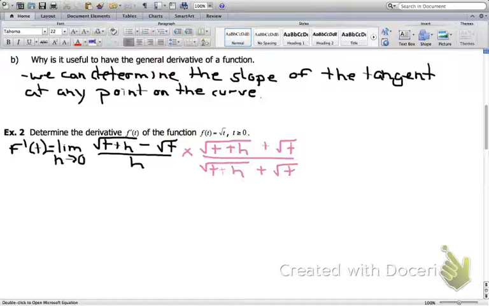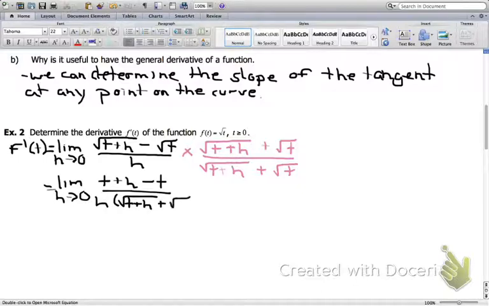Okay, and so now we're just going to evaluate. So the limit as h approaches 0, and we have t plus h minus t all over h times the root of t plus h plus the root of t.